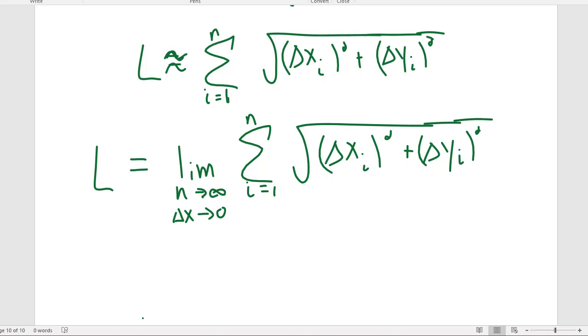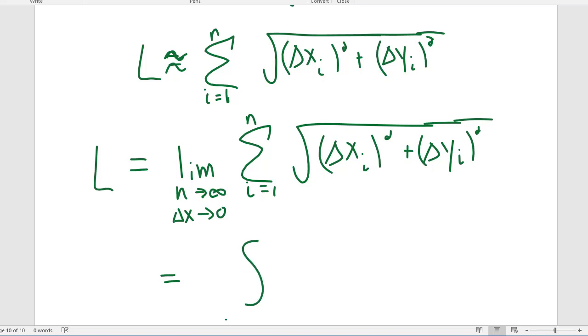Now, back in the Calc 1 class, what we would call this is a Riemann sum. So we have a summation. This is a Riemann sum, and the Riemann sum, being the limit as n goes to infinity. Now, if I stick with what I have here, this isn't the formula you would see in any textbook, but remember that the limit of the Riemann sum produces an integral, right?